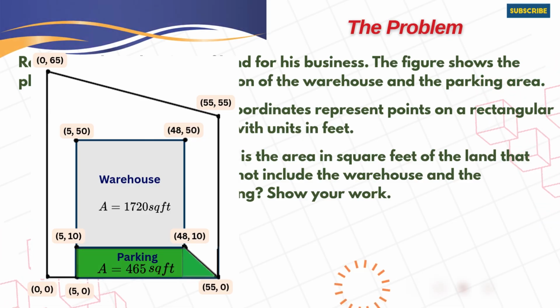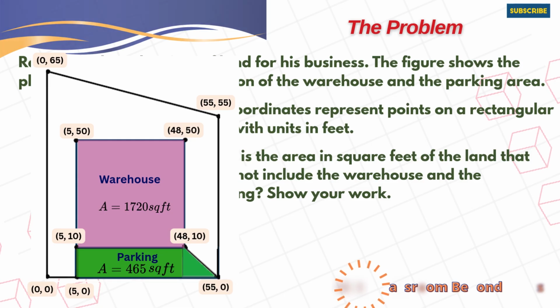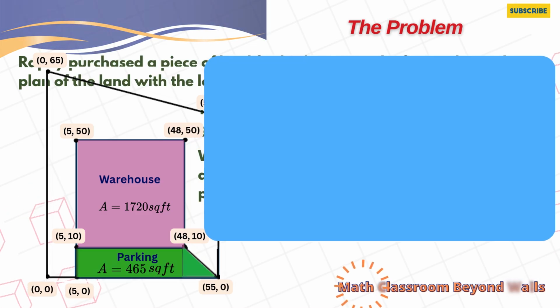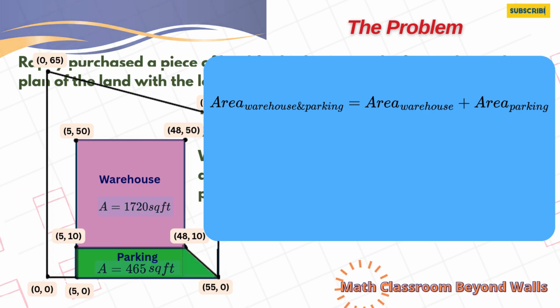With the values we obtained, we can get the area covered by the warehouse and the parking. Do you agree? So the total area covered by the warehouse and the parking is the area covered by the warehouse plus the area covered by the parking.